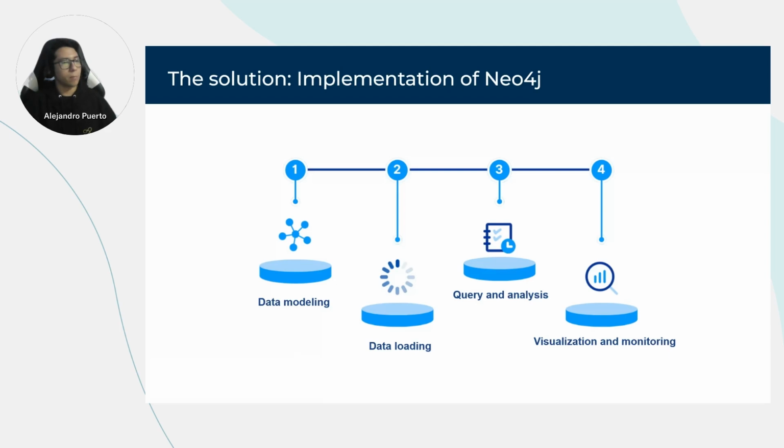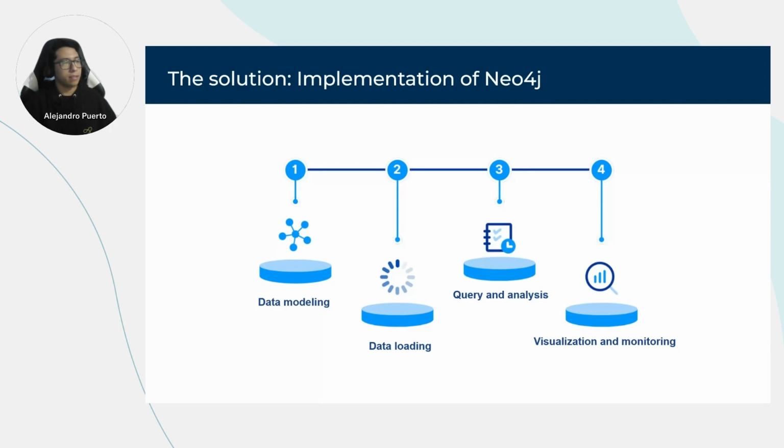So we try to view the data not as a table or row and column as is very common nowadays, but it is a transformative perspective to a graph data view. So that was the first step. Then when you have the data model as a graph, you can make a pipeline, an ETL process for a data loading process that imports and creates the graph into the Neo4j database.